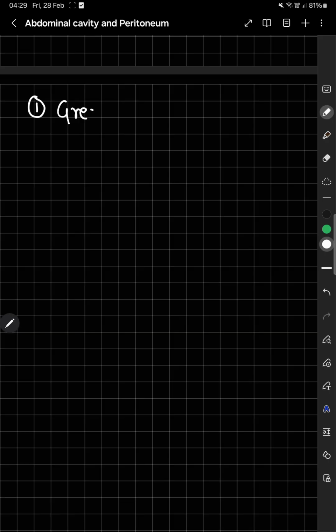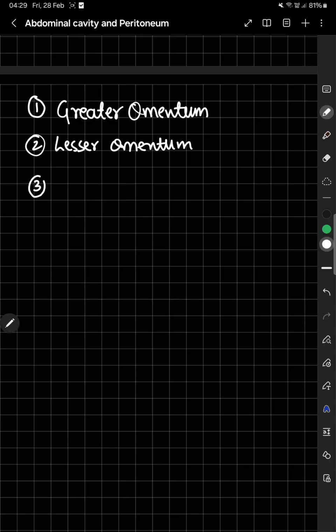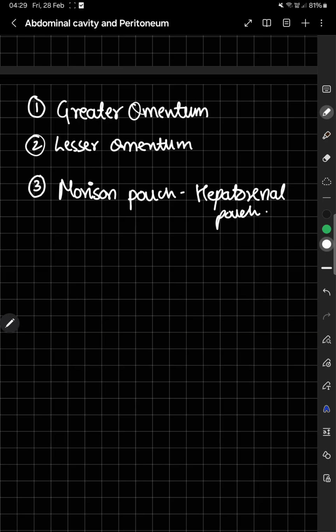First we have to discuss the greater omentum, then the lesser omentum, then Morrison's pouch, which is also known as the hepatorenal pouch. Then we'll have to discuss the lesser sac, which is known as the omental bursa.